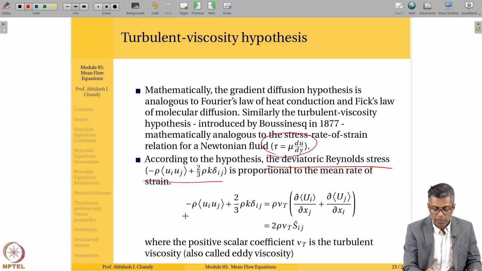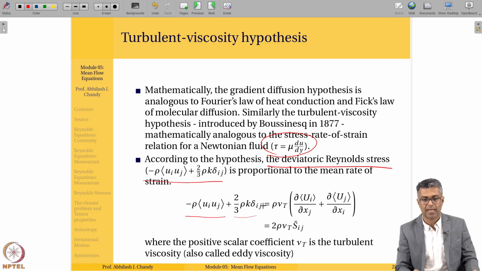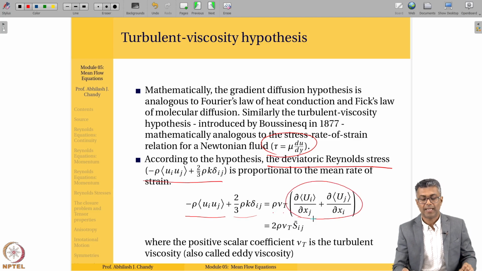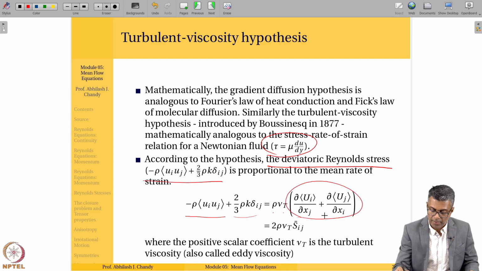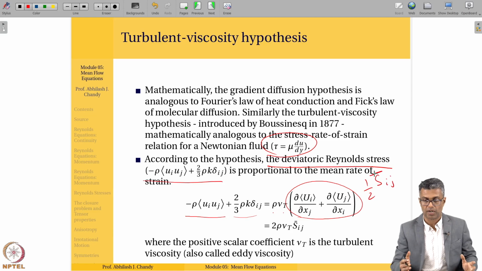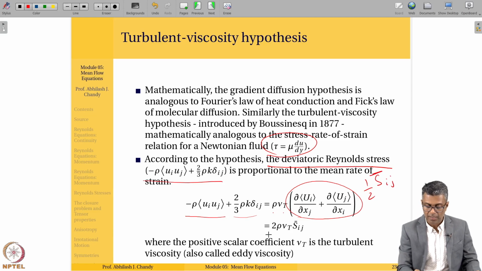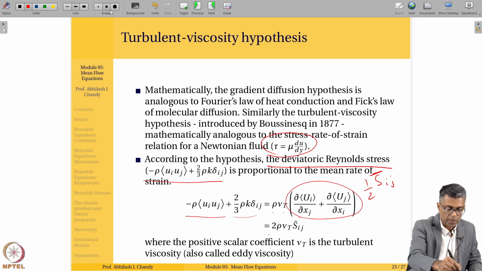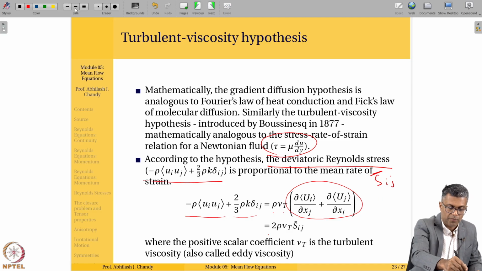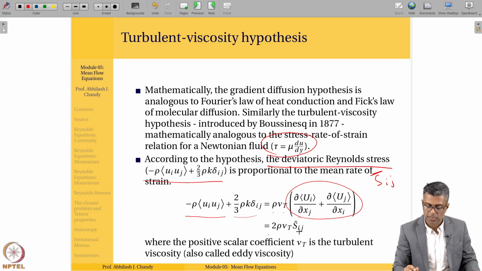So then I have minus rho ui uj plus 2/3 k delta ij is rho nu t times the strain rate, del xj of ui plus del xi of uj, obviously the mean of that, and this is half of the mean strain rate, half Sij, of course. So that's how I write it as 2 rho nu t Sij. I'm sorry, there is no half. For now, we are ignoring the half and we are just considering it to be just Sij.